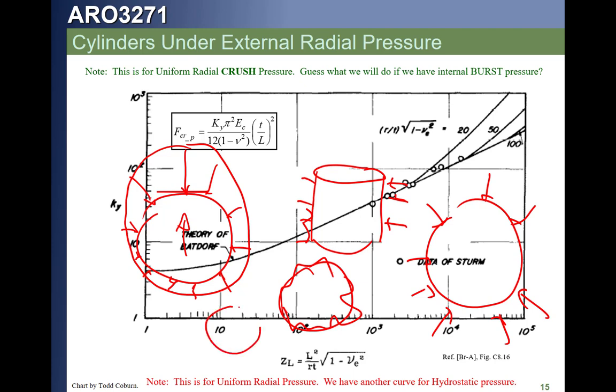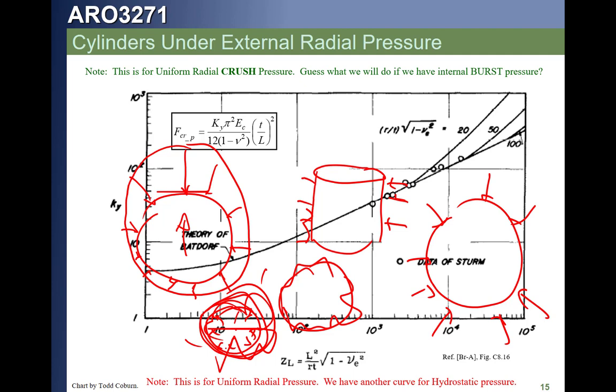A burst pressure will cause the cylinder just to stretch. Obviously, a cylinder will never buckle under an internal pressure acting outward. That's just going to stretch the thing, make it larger and larger as it stretches. But if we have a crush pressure, it can go into the crush buckling mode.